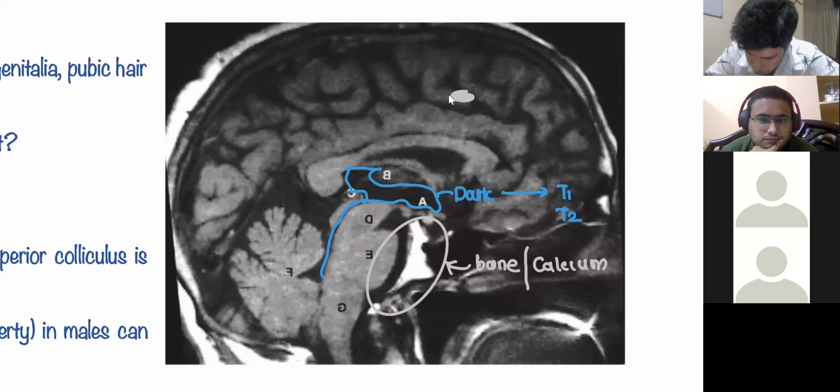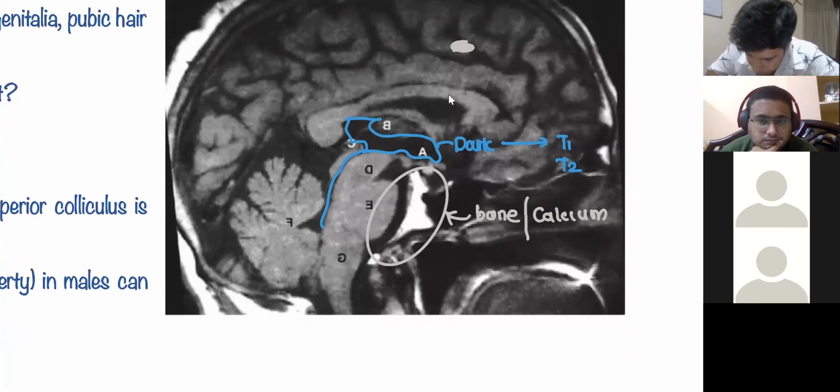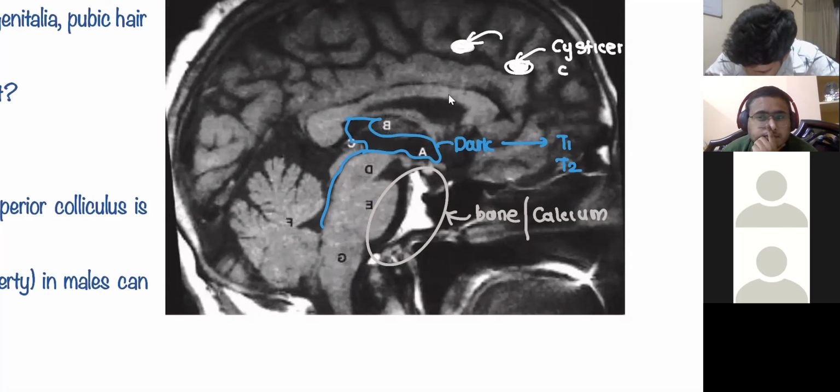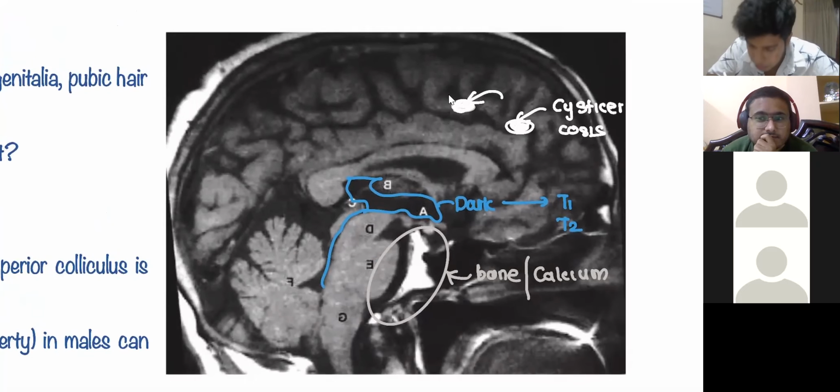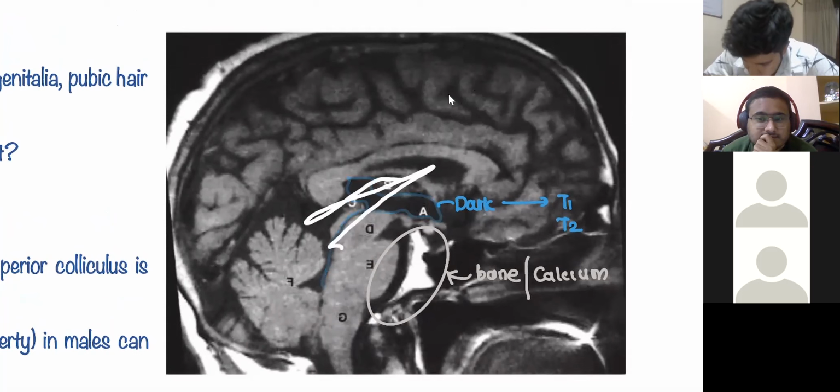And if there was calcification, you will see it as white areas like this. There's a condition called cysticercosis. So in cysticercosis or calcium deposits, you can see white areas like this. This is just some hints.